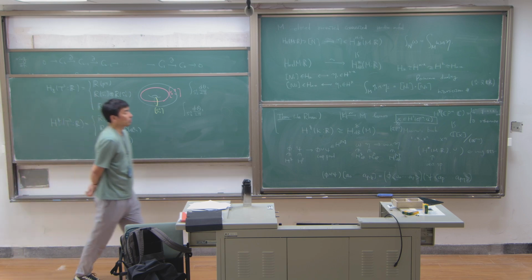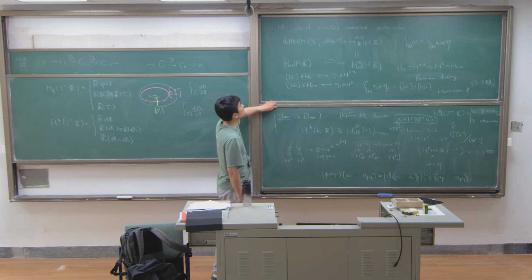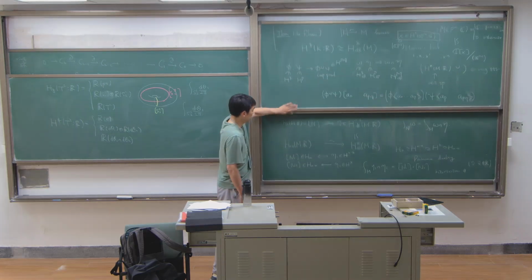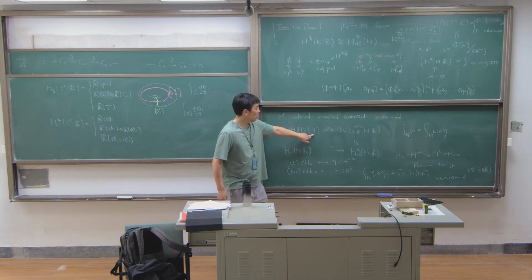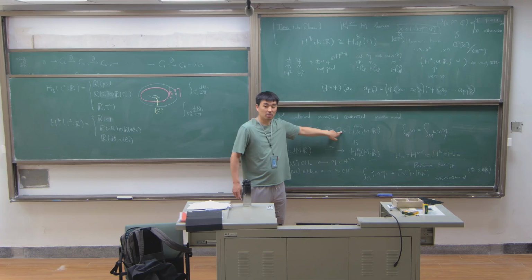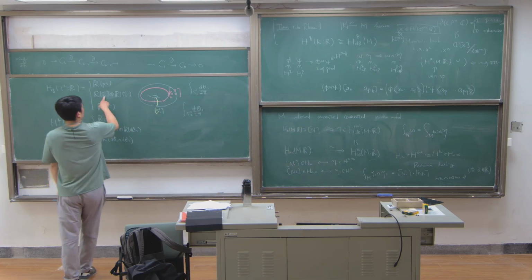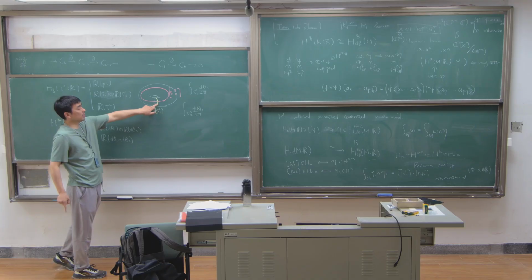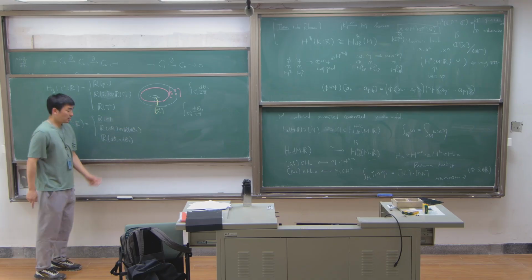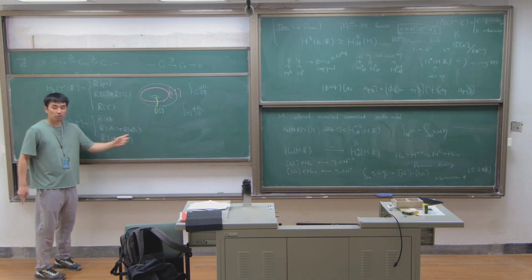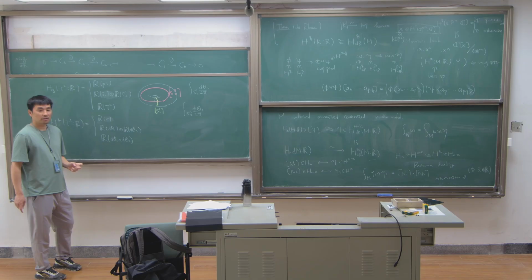And then under the Poincare duality here, what is the dual of S1, S11? What is the dual of this guy? Either d theta 1 or d theta 2. H1 is mapped to H1. H lower 1 is mapped to H upper 1.